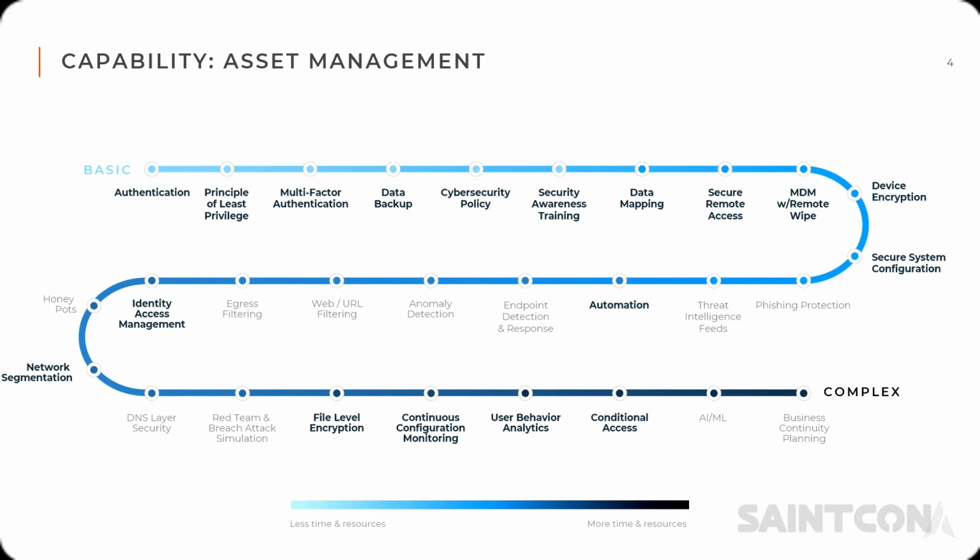Asset management is the first component of capability in terms of being able to enforce these controls. So controls like authentication, principle of least privilege, multi-factor, data backup, your policy for cybersecurity, mapping data, device encryption, secure system configuration, the list goes on and on.